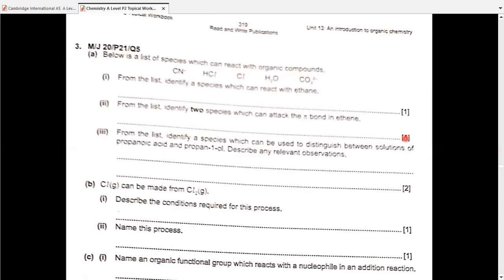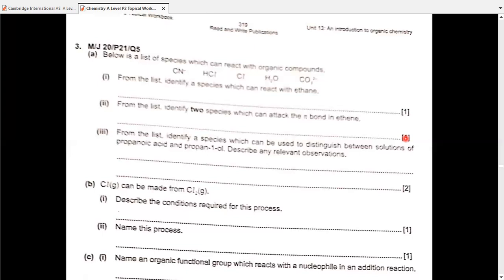Part 2. From the list, identify 2 species which can attack the pi bond in ethene. HCl and H2O. Okay, good.